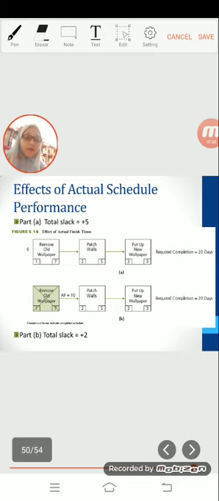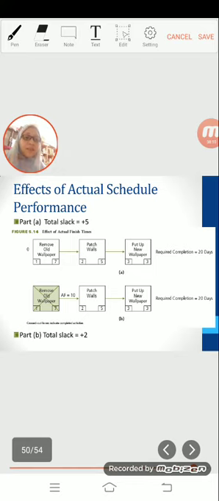Part B, the figure, depicts the deviation from the original plan. The earliest start and finish times for activities 2 and 3 will be 3 days later than on the original schedule, because you already added 3 days at activity 1.